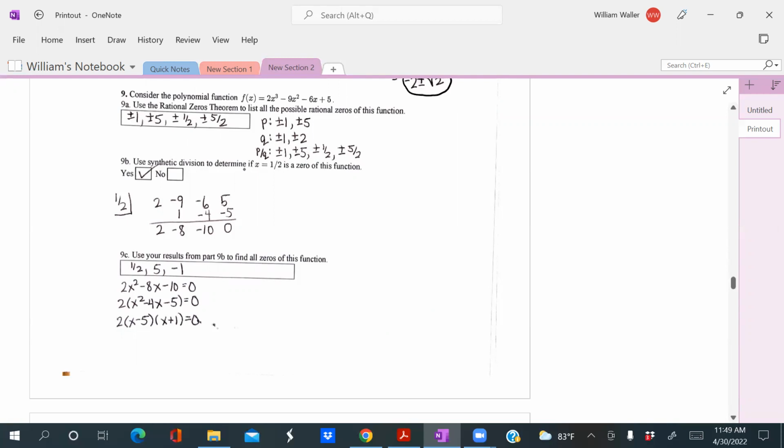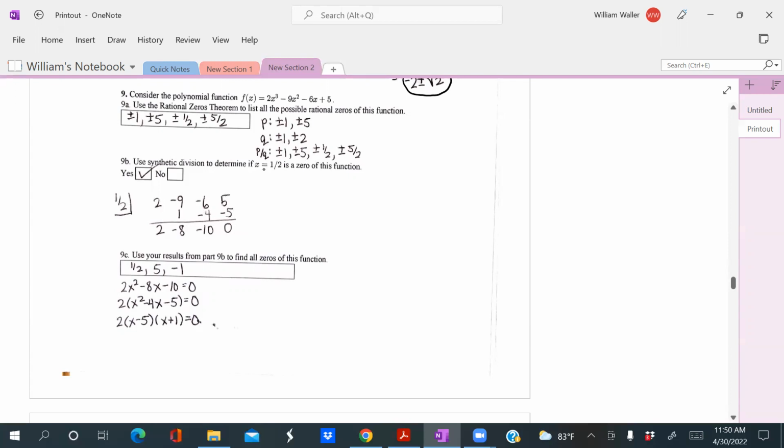All right, so what 9b tells you is it gives you a little hint. It says 1/2 should be a 0, right? So check that using synthetic division. So here we're going to use our synthetic division with 1/2. So that's what I've done here. There's the process. And you can see that when I use synthetic division with 1/2, the remainder does turn out to be 0.